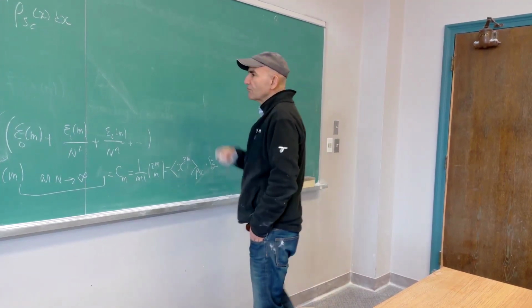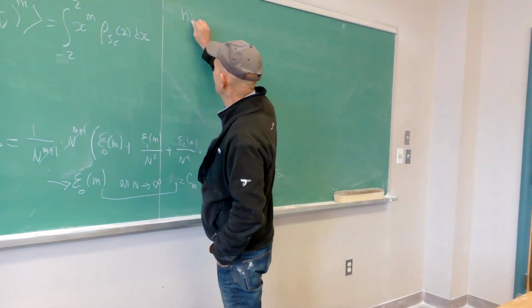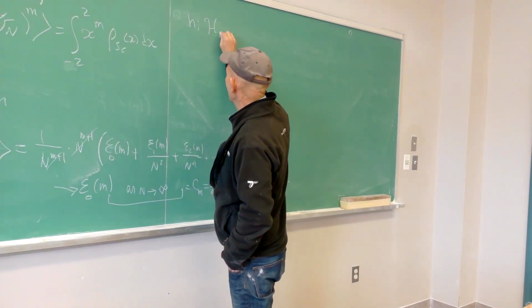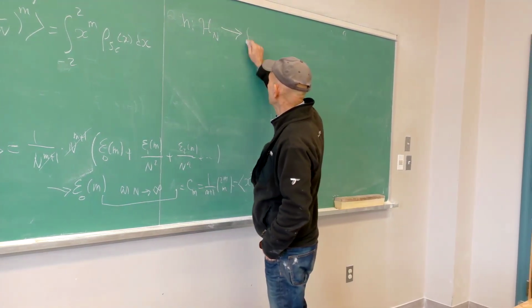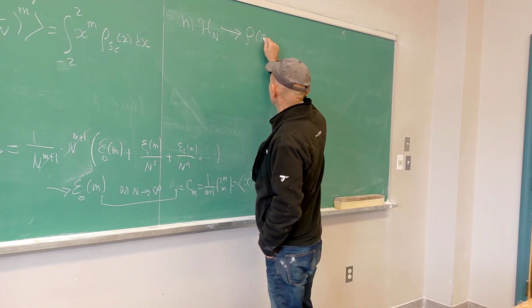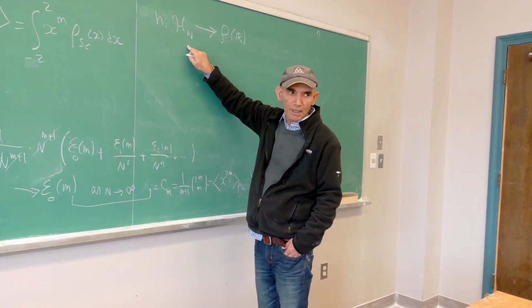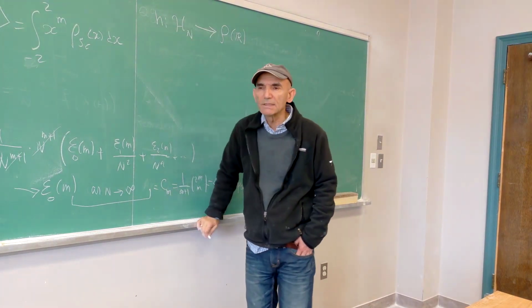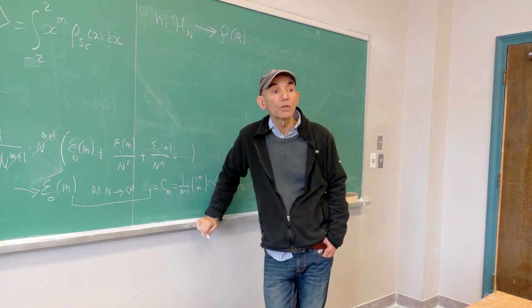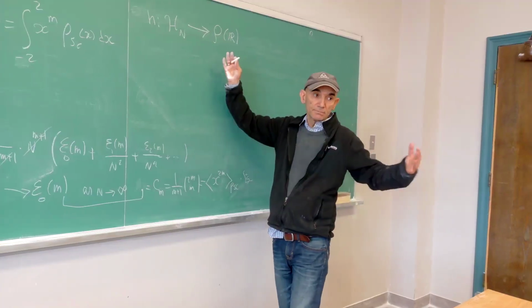Okay, you see, we can define a function like h from Hn to this space PR. This Hn, of course, is the set of n by n Hermitian matrices, but PR is the set of probability distributions on the real line. It's a huge set.